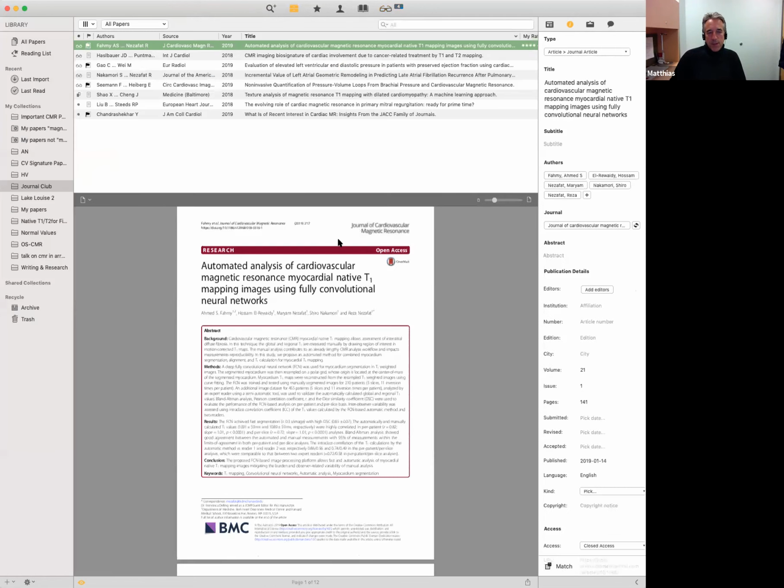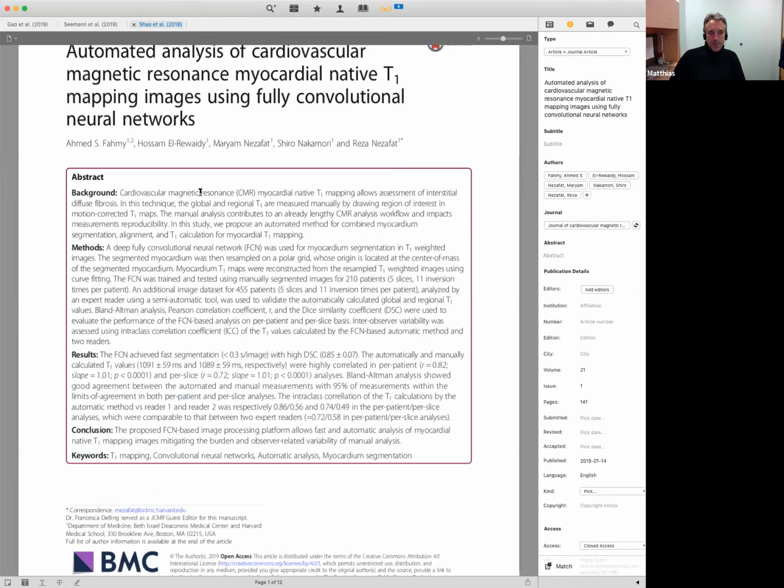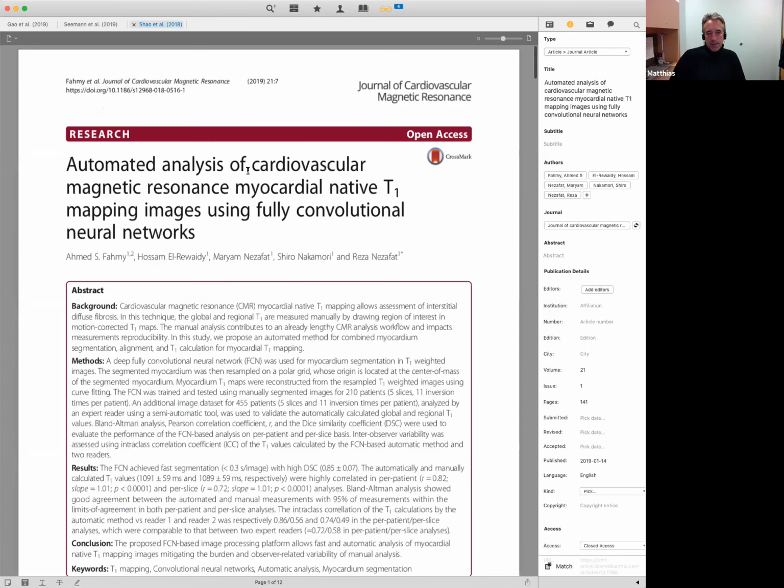The other one will be from Reza Nezafat's group, who's also on the call. Thanks, Reza, for having these papers presented. Also on T1 mapping, this paper will be on the automatic analysis of cardiac MR T1 maps with convolutional neural networks. So it's going into machine learning. I expect a very interesting journal club as well in about 2 weeks.